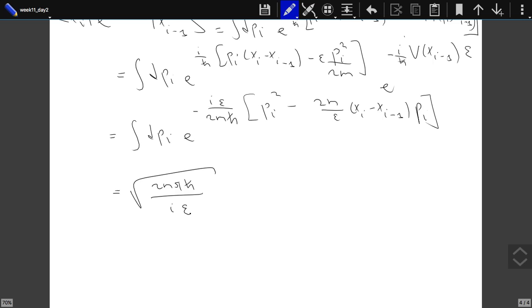We still have what is left, minus i epsilon over 2m h bar, m over epsilon, xi minus 1, squared.